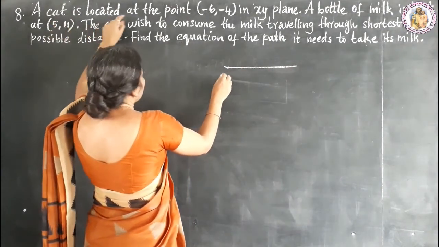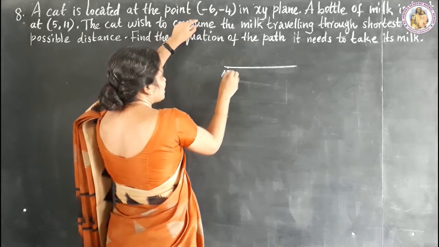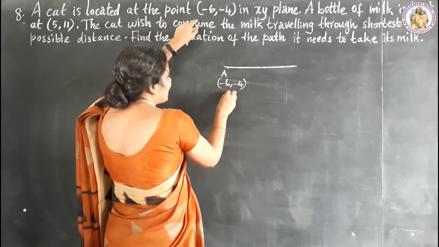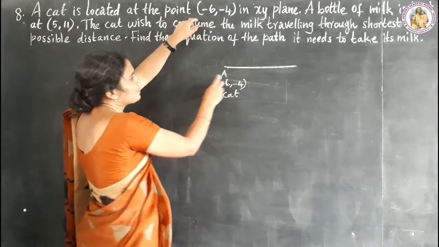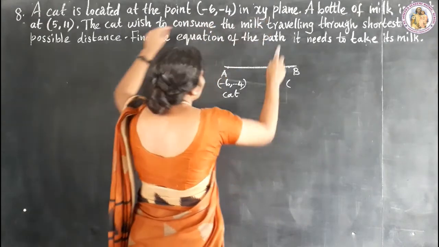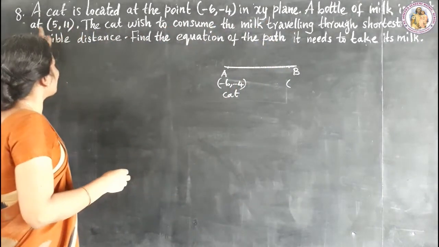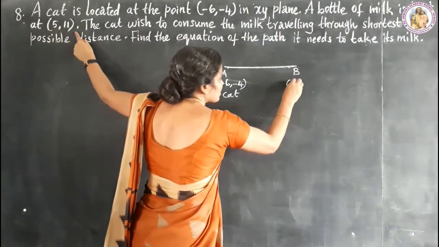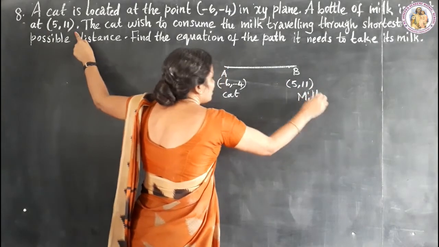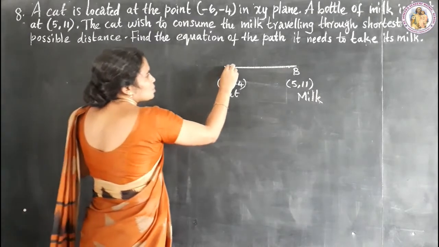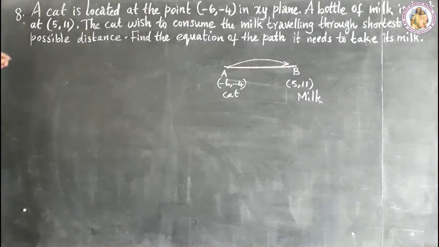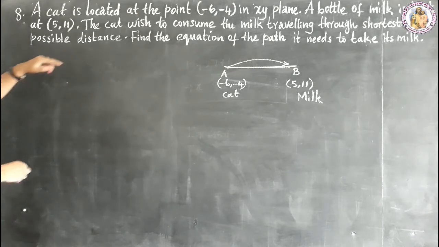The cat is at point A and the milk is kept at point B. To consume the milk, the cat has to move from A to B.